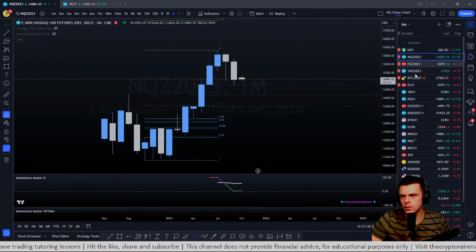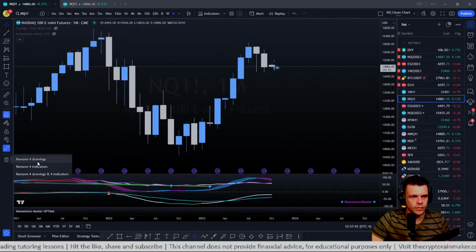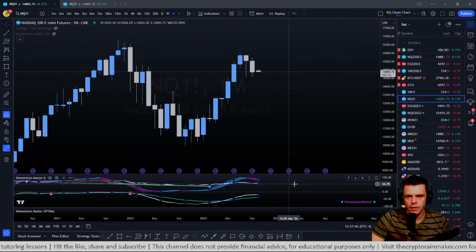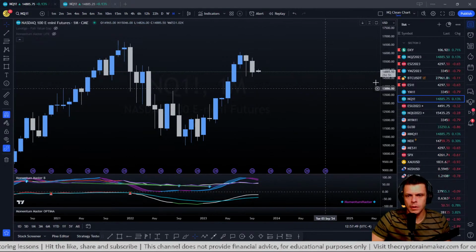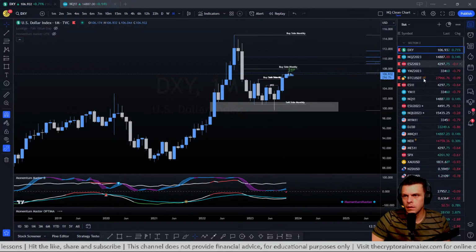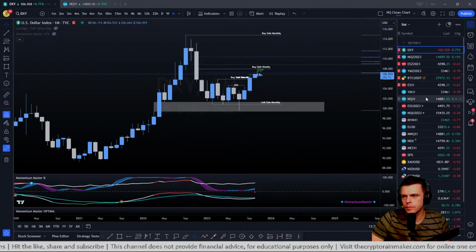Let's go to NQ1. Okay, now we have a better picture. So the monthly is basically just doing the opposite of the Nasdaq, or on the opposite of the dollar index. Put that over there.